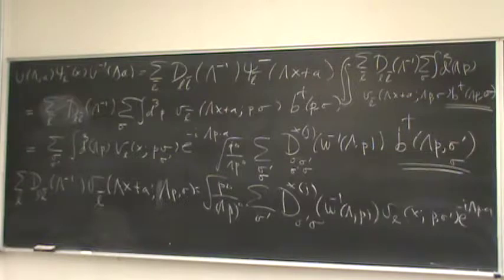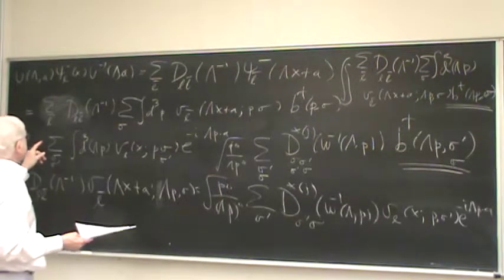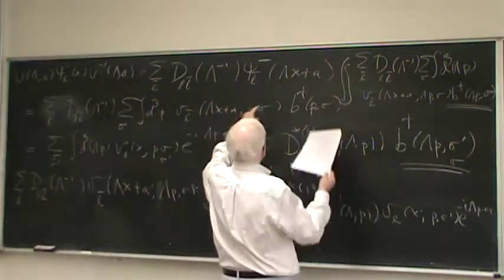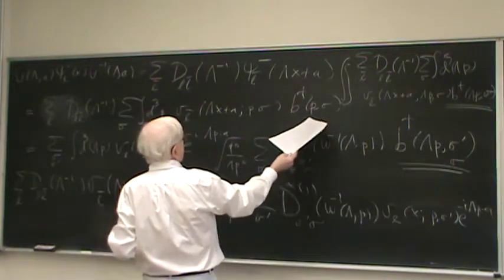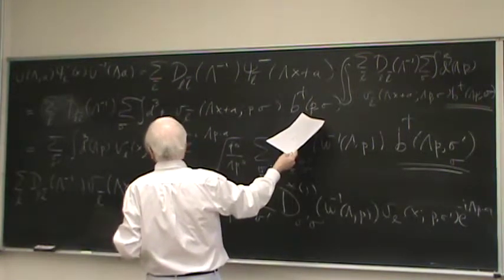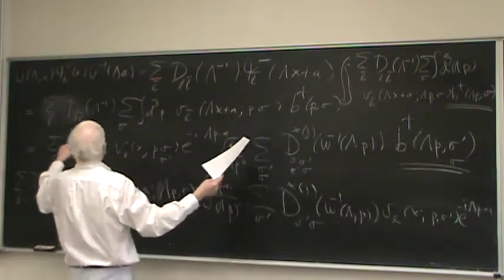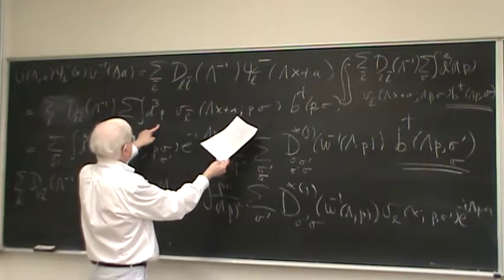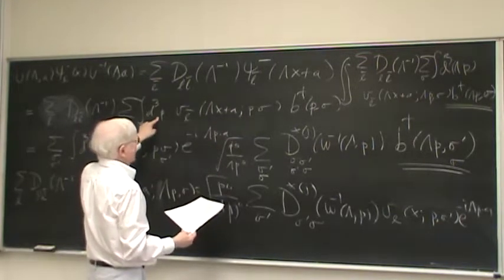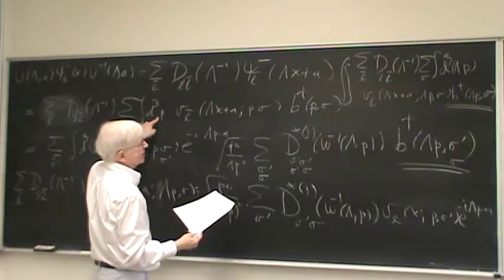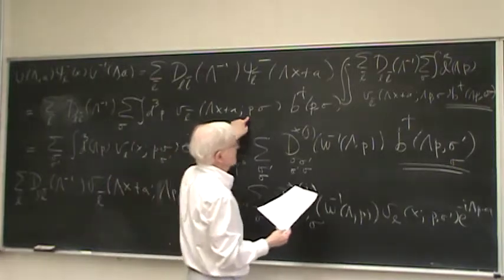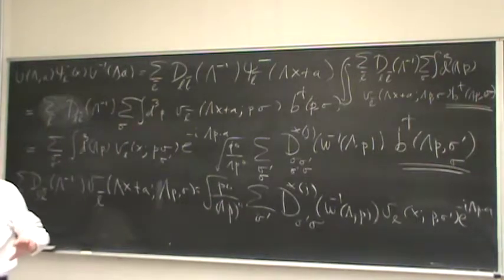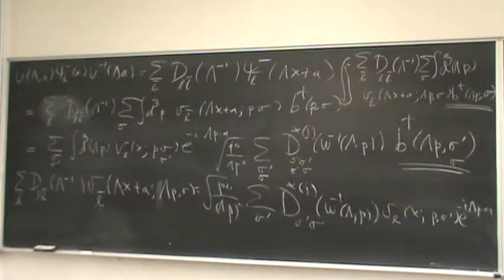So let's see how this goes one more time. For the negative frequency parts, the field transforms this way, D inverse, and we just changed to that, but now we change variables with the P, and so this P goes to lambda P, that P goes to lambda P, and this P goes to lambda P. So in one equation we do it, but in the equation with the W's, we're not doing that.